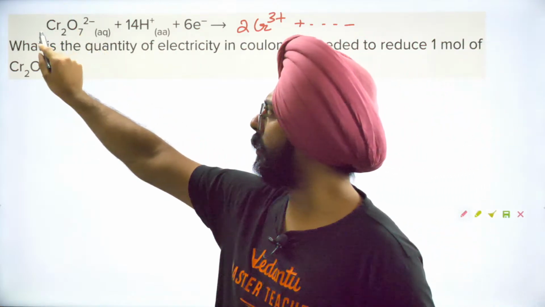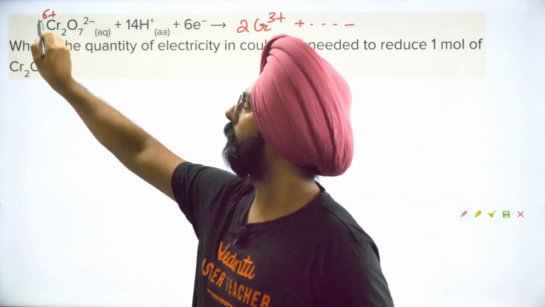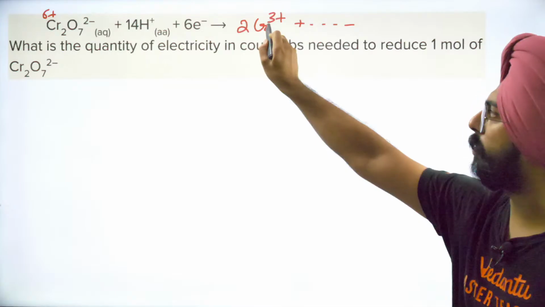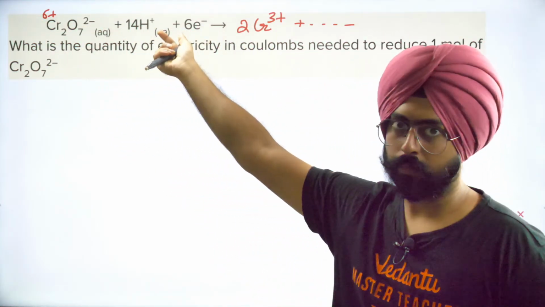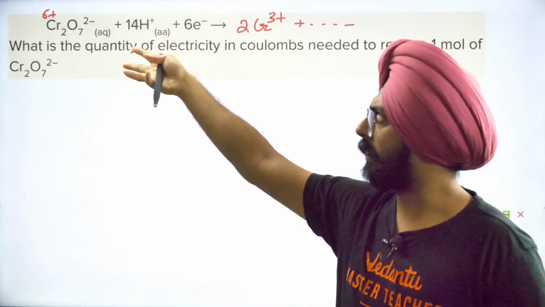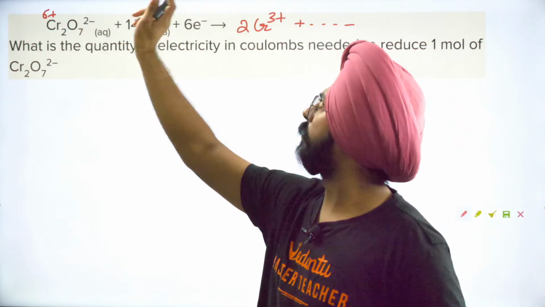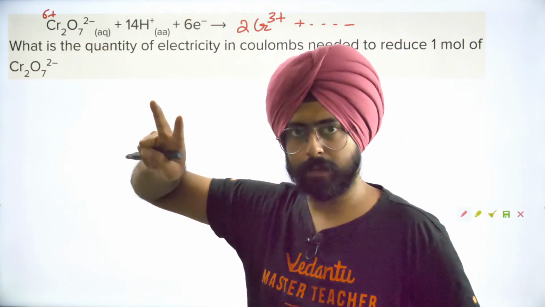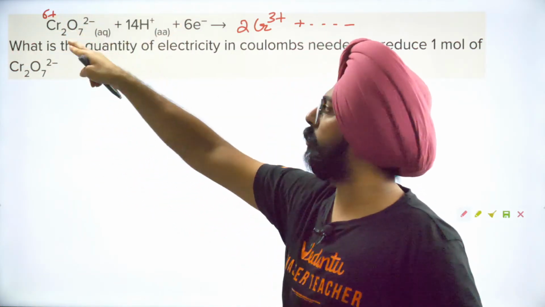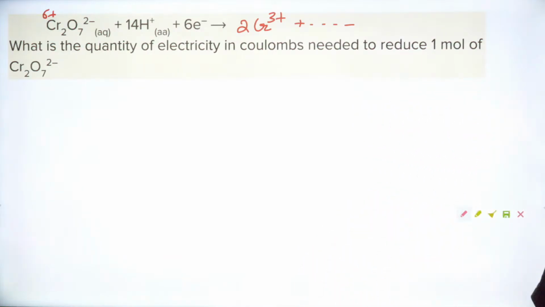So your chromium 6 positive is going to turn into chromium 3 positive. One molecule of this requires 6 electrons to do so. 6 positive to 3 positive, 3 electrons per atom of chromium. Since this molecule has 2 atoms of chromium, you need 6 electrons per molecule, isn't it?